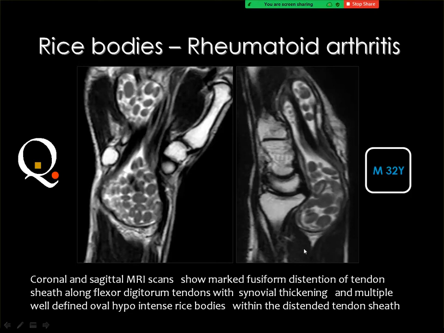But actually, whenever I see this case, I say that this is synovial osteochondromatosis because the lesions are very big to be described as rice bodies. But the answer, when you say that this is synovial chondromatosis, you are right.